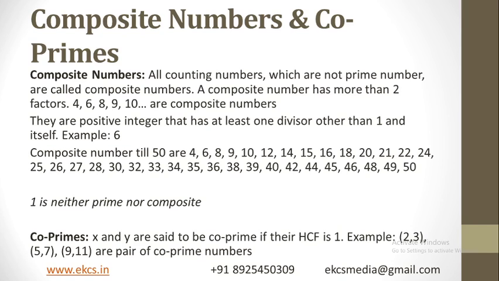Say for example if 9, 11 is there. First we have to find the factors of each number. So we have got factors of 9 and we have got factors of 11. Then you find the HCF. So the HCF, if it is just 1, then these two numbers are co-primes. 9 and 11 are co-primes because there are no common factors other than 1.